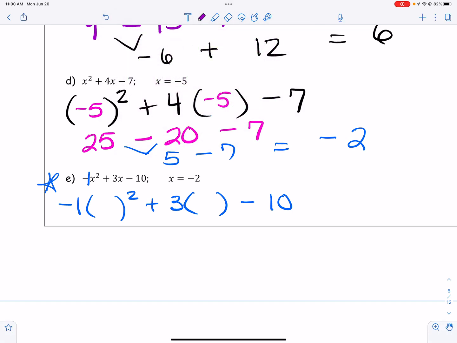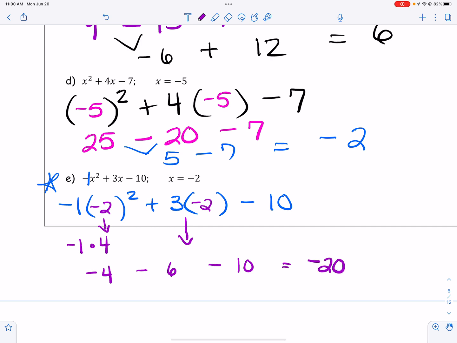And then I'm going to insert a -2. Well, -2 squared is +4, but now I have to take that +4 times a -1, and that makes it -4. And then 3 times -2 is -6, and then I have the -10. And so -4 minus 6 minus 10 gives me -20.